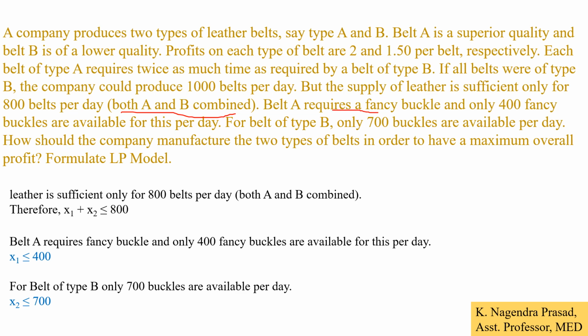Belt A requires fancy buckles and only 400 fancy buckles are available, which means x1 is less than or equal to 400. Similarly, from the buckles point of view, one more constraint for belt type B is that only 700 buckles are available per day. So x2 is less than or equal to 700.